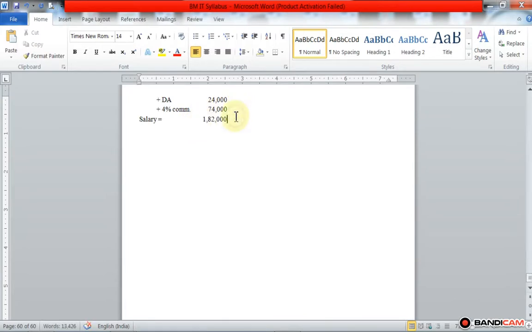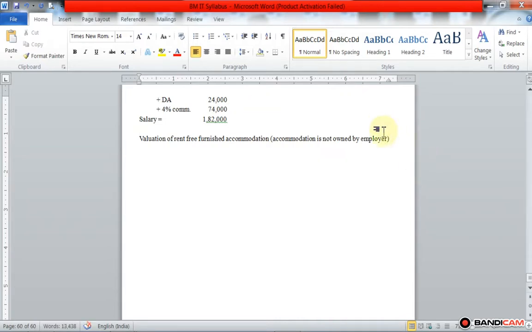Now we can easily compute the valuation of rent-free furnished accommodation, where the accommodation is not owned by the employer.